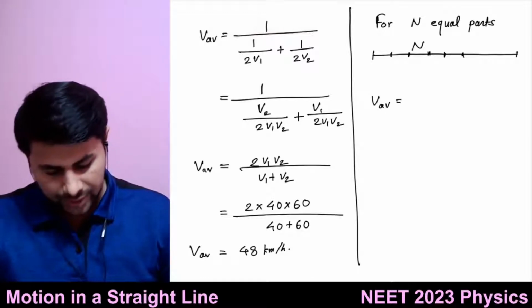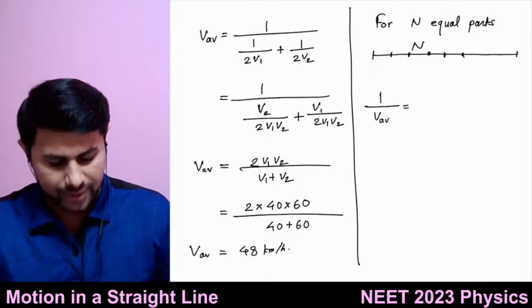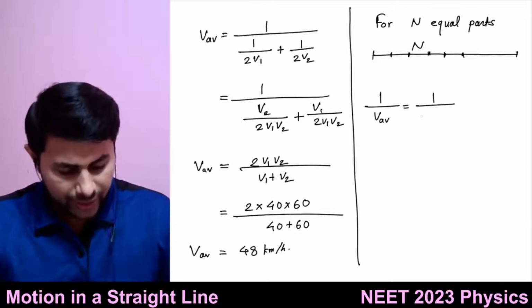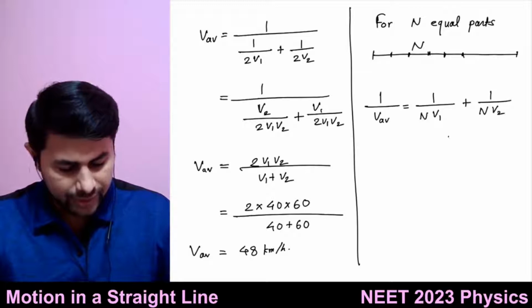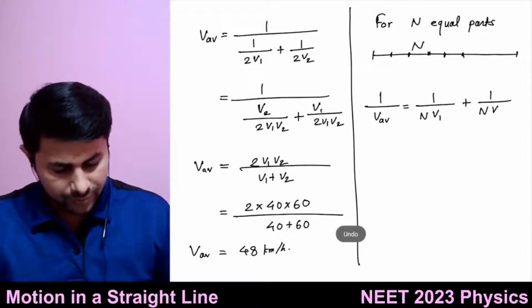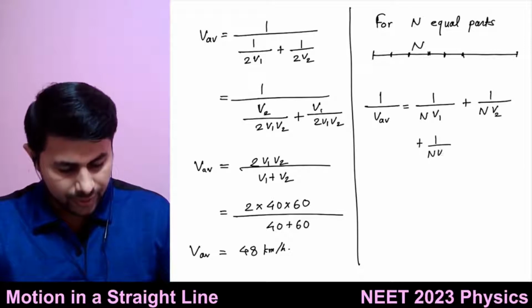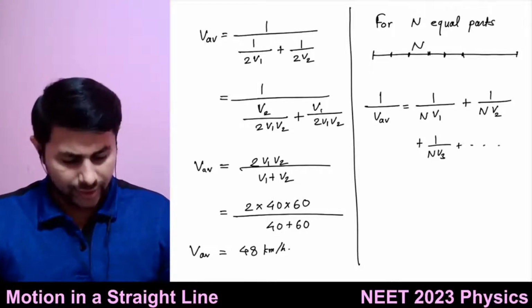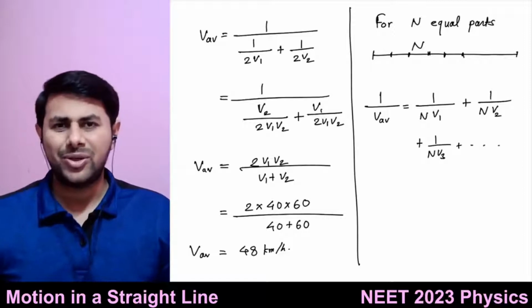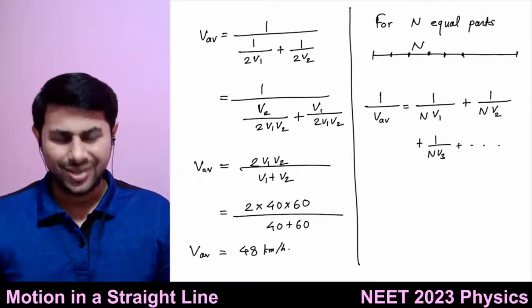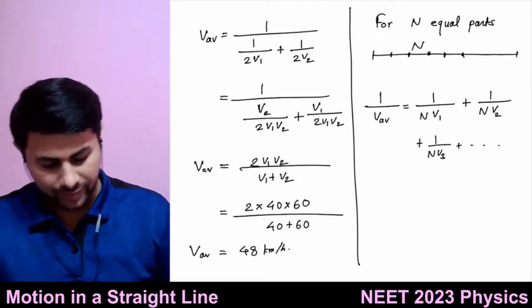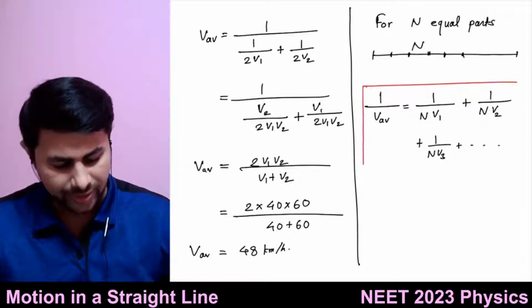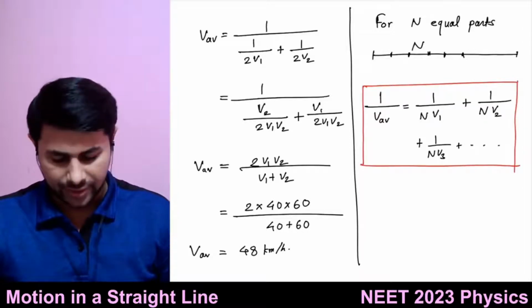So instead of writing VAV, I can write 1 upon VAV, it's equal to 1 upon nv1 plus 1 upon nv2 plus 1 upon nv3 plus so on and so forth. Most probably you will not need it beyond v3, but let's suppose you divide it in n parts. So this will be your generalized formula to find out average velocity.